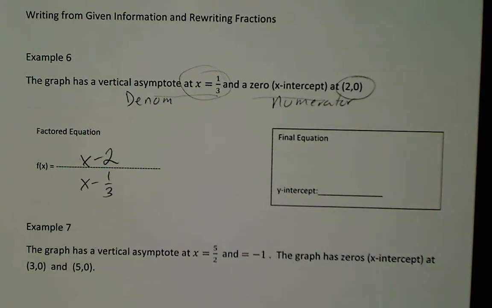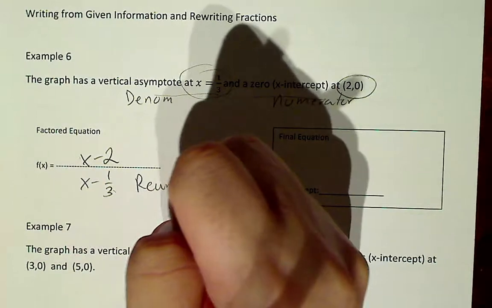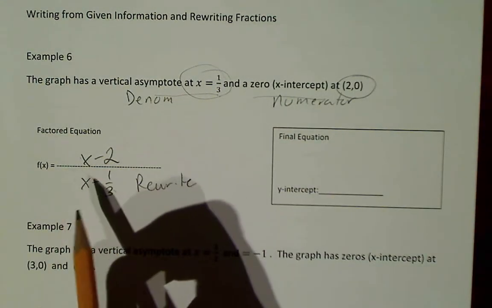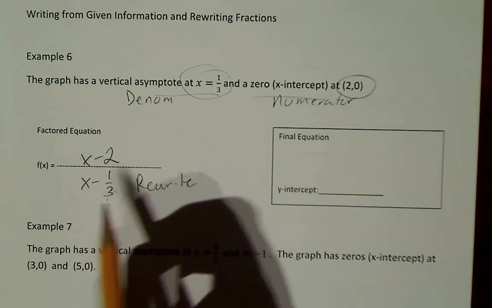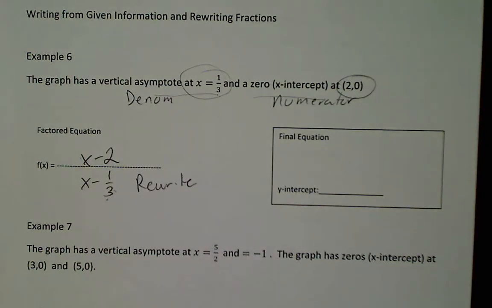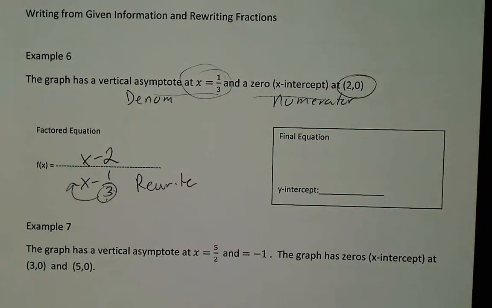Okay. But here's the rule. We have to make sure and rewrite these from the fraction to a linear, without a fraction, let me put it that way. You have to write these without a fraction. And the way we do that is this. We take your denominator here and we bring it to the front. That's it.